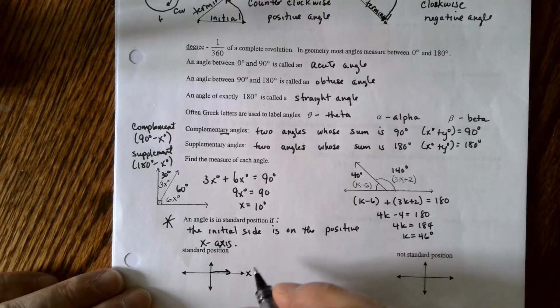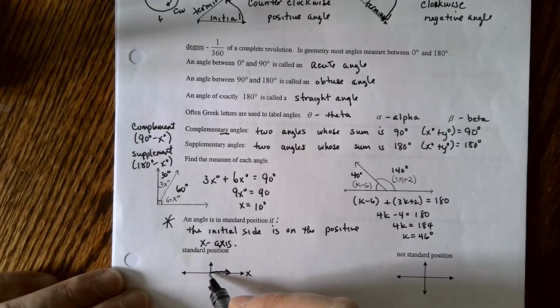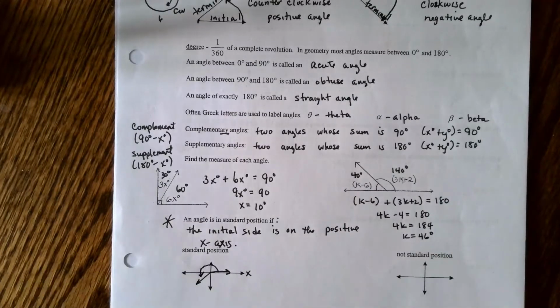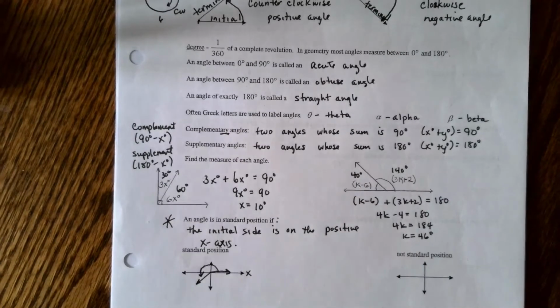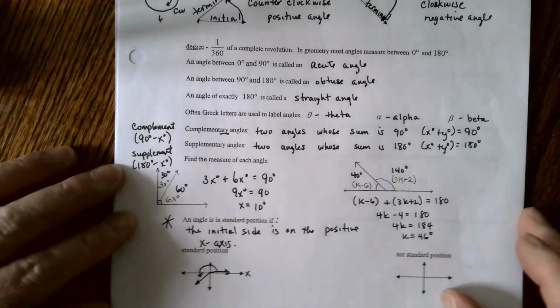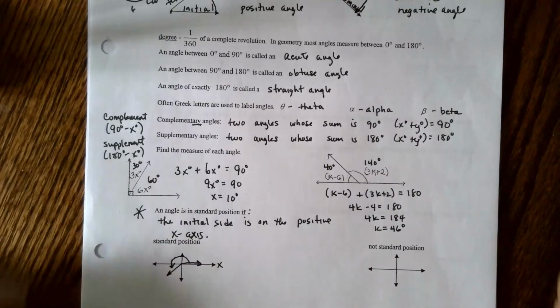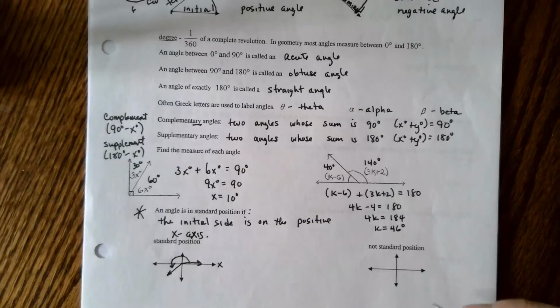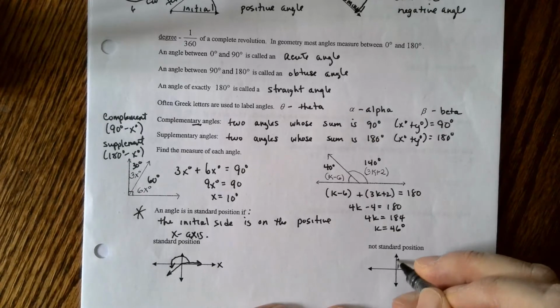Okay? And it doesn't matter where that angle ends up. For example, if I'm all the way over here in quadrant 3, that would be a positive angle drawn in standard position. You start anywhere else with your initial side. For example, I know in some other applications they may start on the positive y-axis.